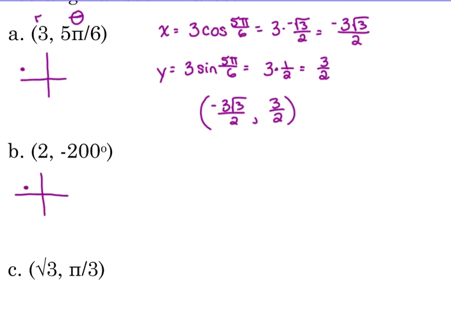It'll be somewhere about right here. Okay, so we're looking for the same result. X equals r times the cosine of the angle, that is degrees. Y equals r times the sine of the angle.